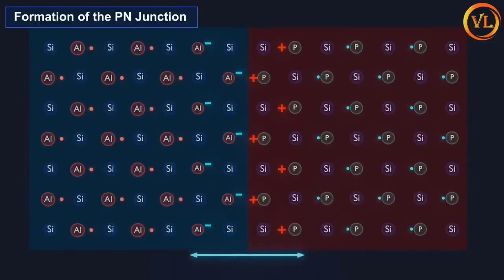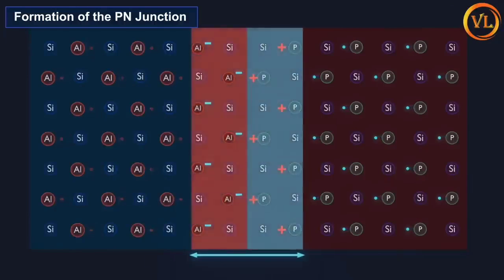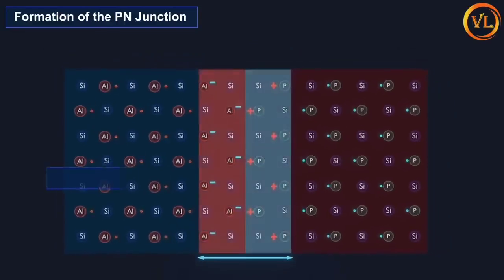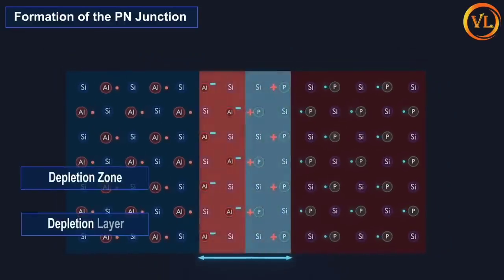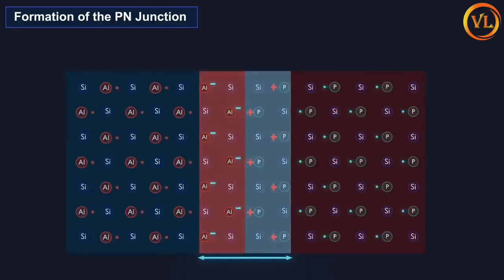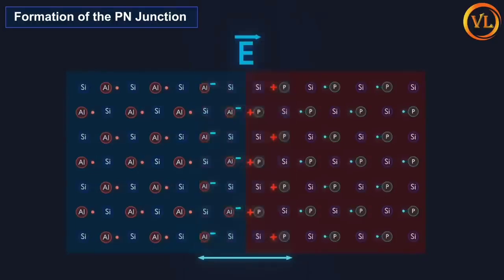The formation of the p-n junction is divided in two. This is the dividing line. On one side is the n-type semiconductor and on the other the p-type semiconductor, where aluminum is negative.